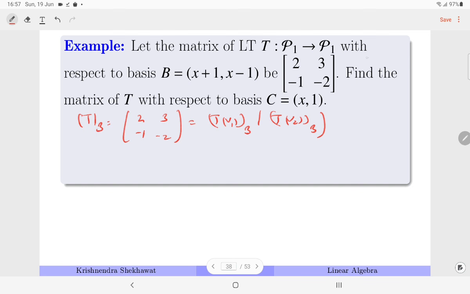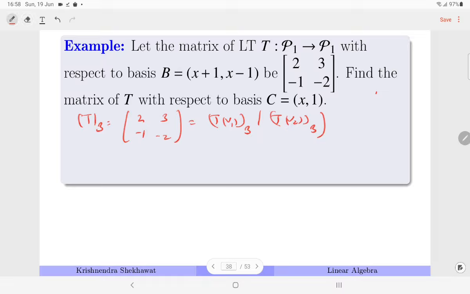For example, if the coordinates are 2 and 3 and the basis vectors are (4, 5) and (1, 2), then 2 multiplied by (4, 5) plus 3 multiplied by (1, 2) gives me the required vector whose coordinates are given.